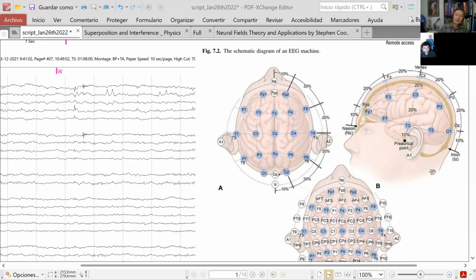The letters are always intuitive: the part of the brain below the electrode. Thank you, doctor. I learned how to use letters to denote the zone. The second letter, z, is for the sagittal, the middle line.